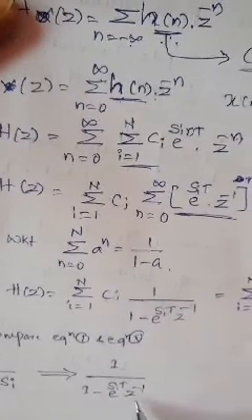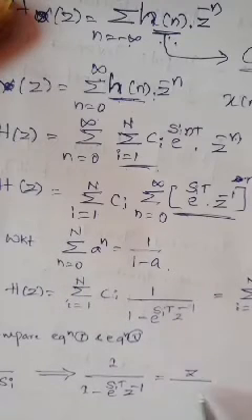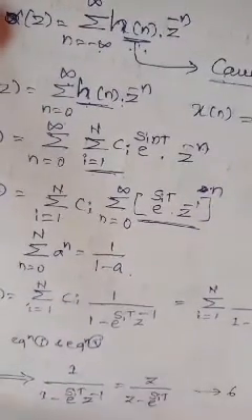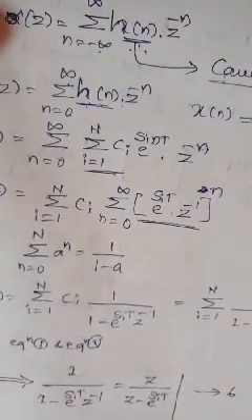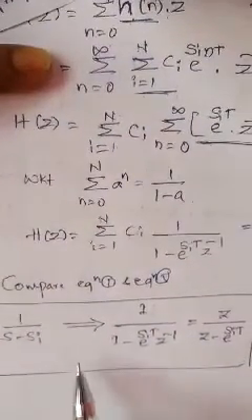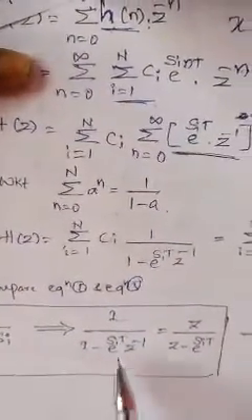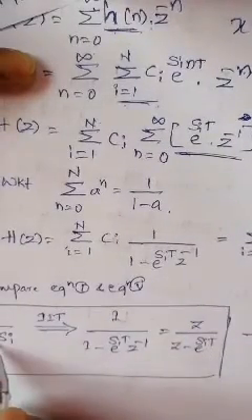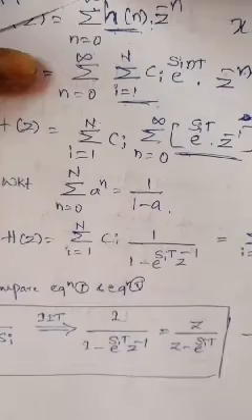Taking the LCM, we can write z divided by z minus e to the power Si T. Let us call this equation 6. Equation 6 is the equation for the impulse invariance transformation, where S domain values are transformed to the Z domain.